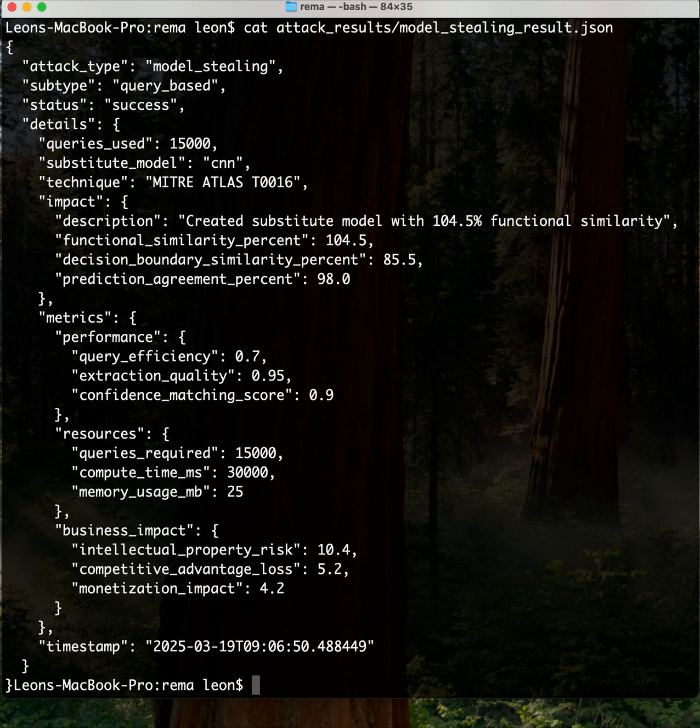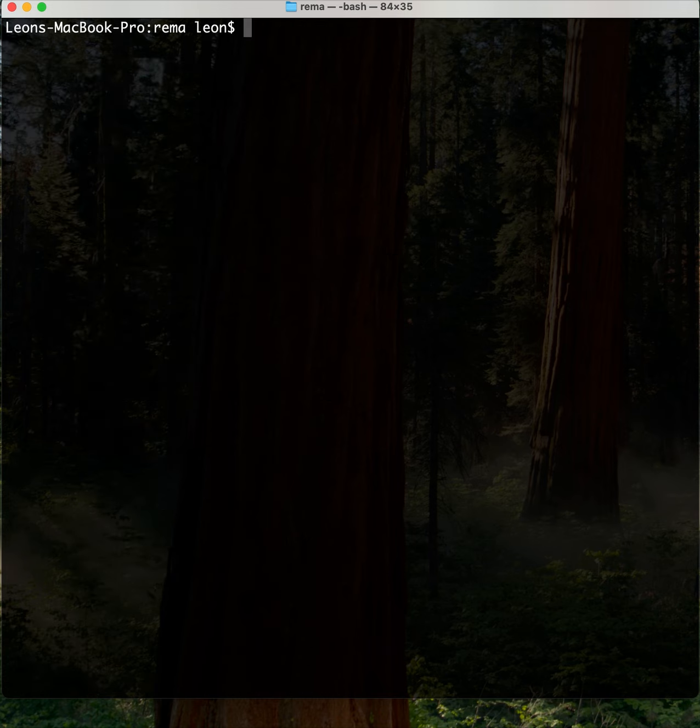Let us try to see a different demo, and this demo is on customization and flexibility. So Kibuka's power comes from its flexibility. You can customize attack parameters and simulate different threat scenarios.